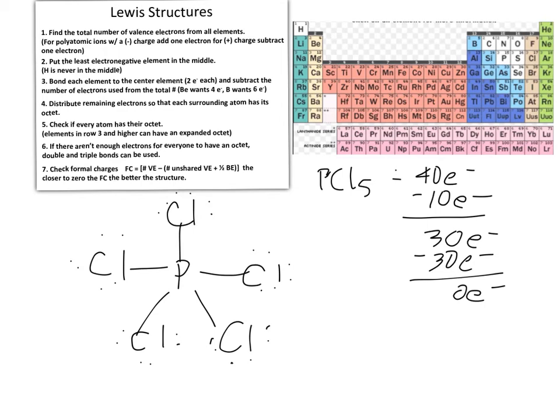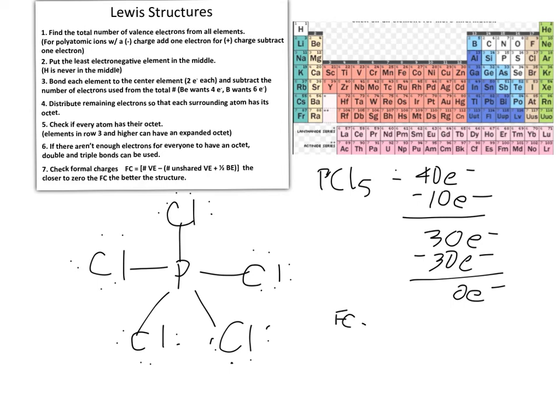So we would go through this molecule, and we would still check our formal charges, just like we would in any other situation. You just need to remember that if the element in your central atom is in period 3 or below, which phosphorus is, you're definitely going to be able to have an expanded octet. So let's check our formal charges.